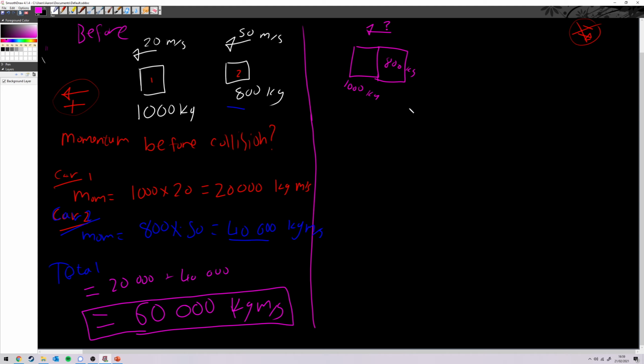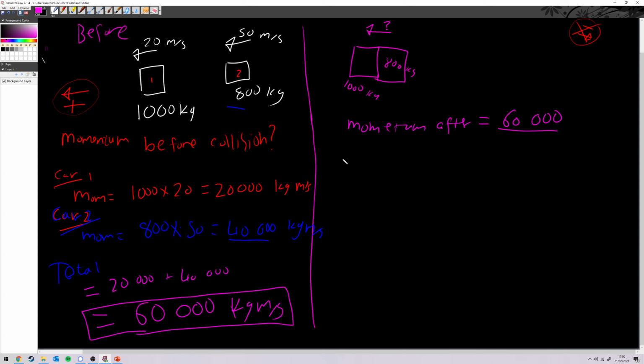Now, before the collision, we had two different cars traveling at different speeds, and they crash into each other, they collide. Afterwards, they're both stuck together. So, we know the momentum after will equal 60,000, because we calculated it from the first half.